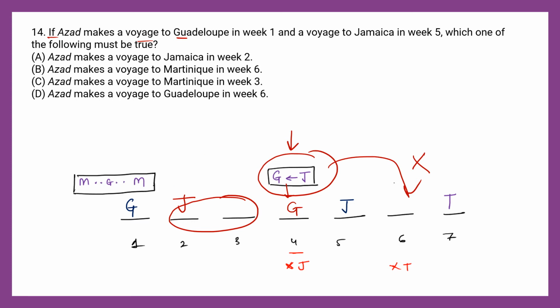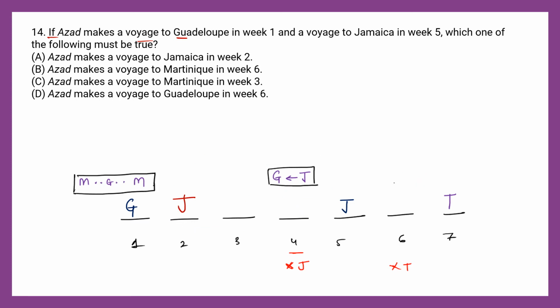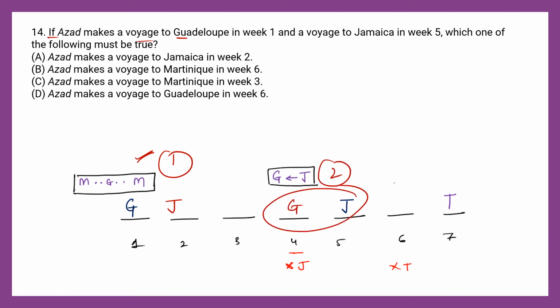So there are various possibilities for this cluster. Let me show you once again. If you want to have the G and the J cluster, the first possibility is that you can have the G here and the J here. The second possibility is that you can have the G here and the J here, like this.